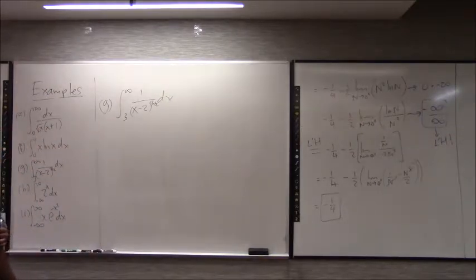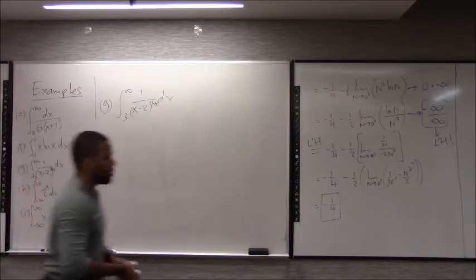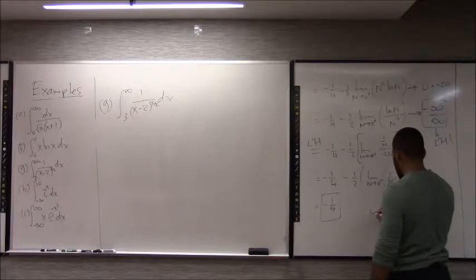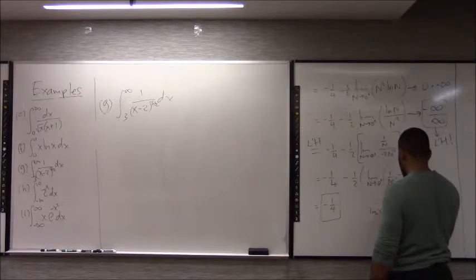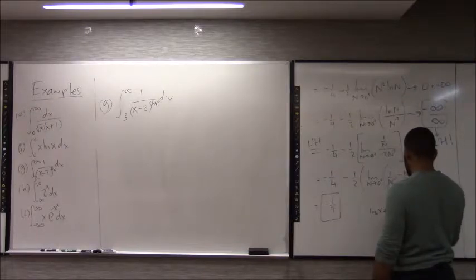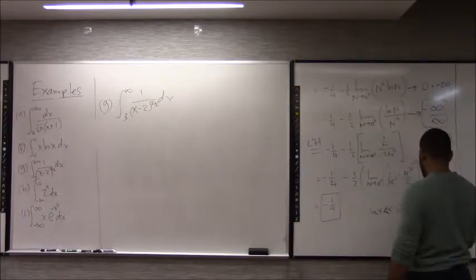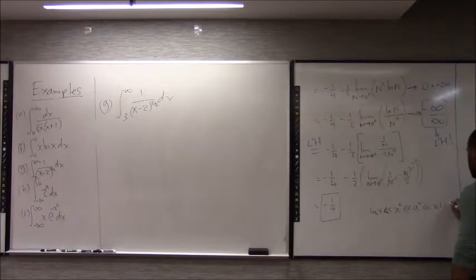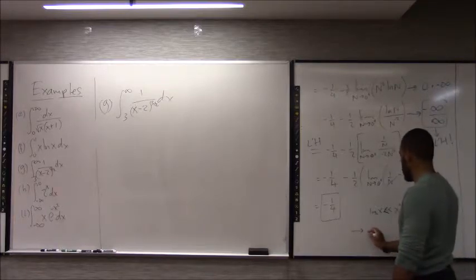You can invert all the relationships I mentioned there, so that's for sure. By me saying things like log to the base a of x is much smaller than x to the a, which is much smaller than a to the x, which is much smaller than x factorial, which is much smaller than x to the x, it's true that you can reverse these.